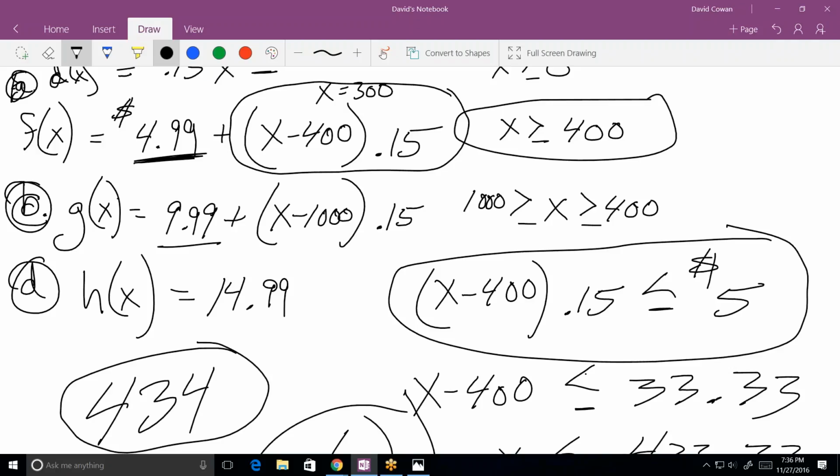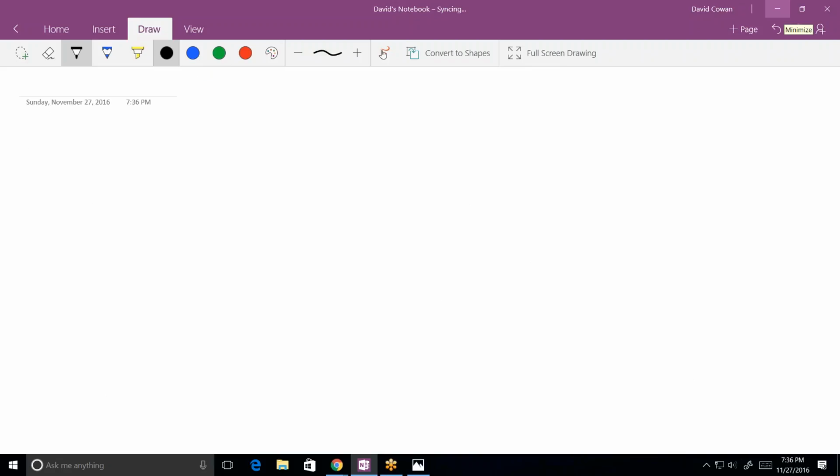Here's what we want. The cost is $4.99 with x being greater than 0 and less than 400.